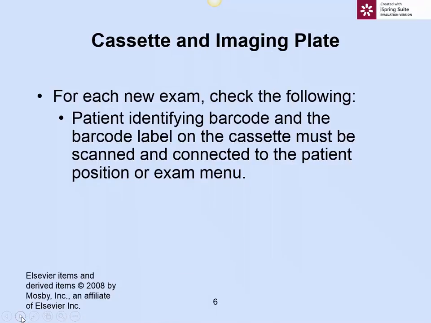With each new patient that comes in, you're checking your patient identifier to make sure that you've got the correct patient. You pull up the appropriate procedure from the work list management. Then you have your barcode, and if our patient is supposed to have a chest x-ray, you barcode a particular cassette, and what you are doing is saying this cassette is going to be part of this particular procedure on this particular patient.